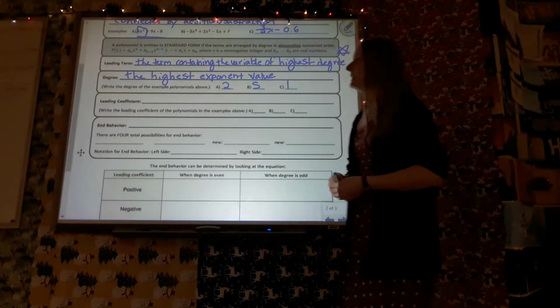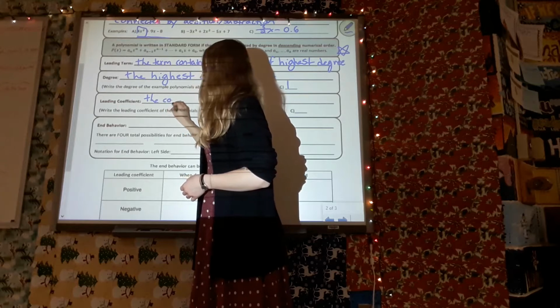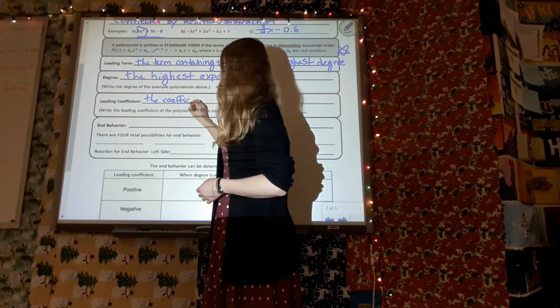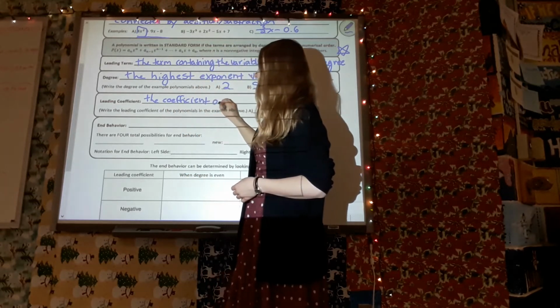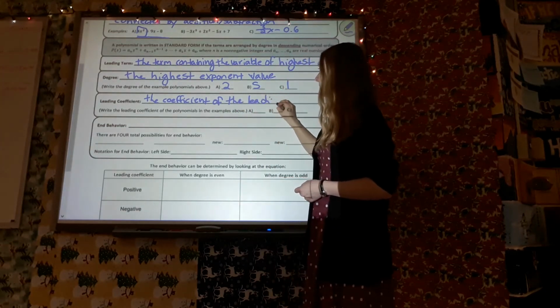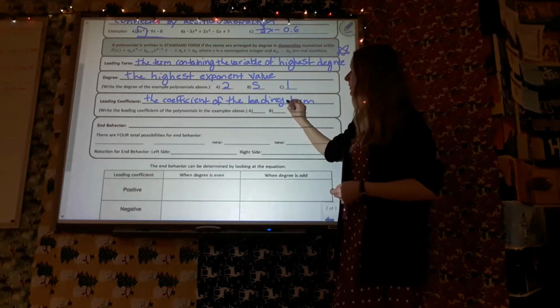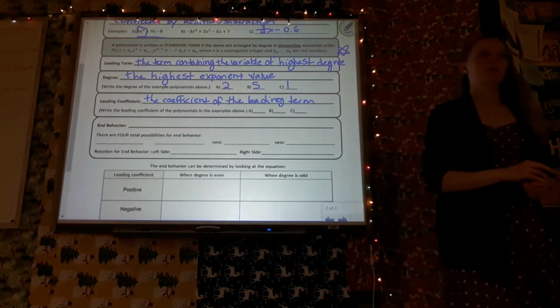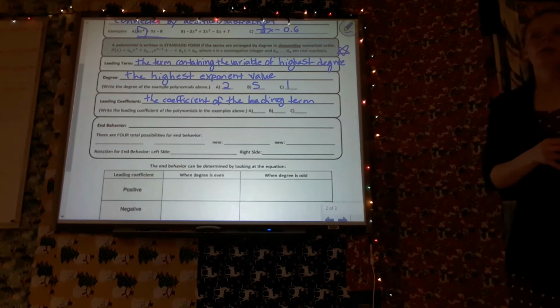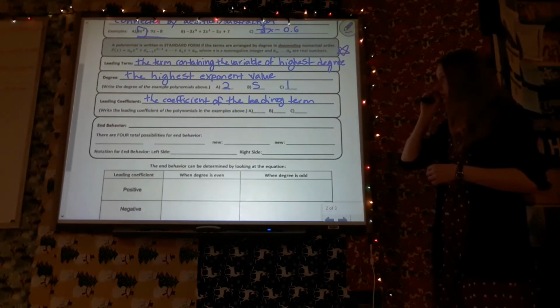Okay? Leading coefficient. So the leading coefficient is the coefficient of the leading term. That's why they both have the word leading, because they're kind of referring to the same thing.